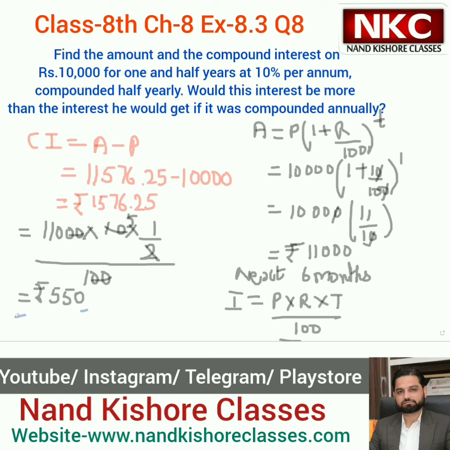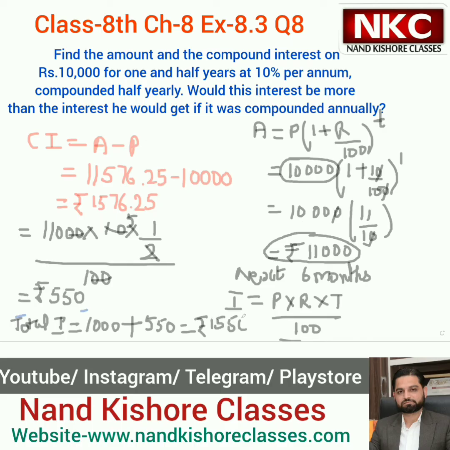So total interest in this second case: in my first case, my amount became 11,000 from a principal of 10,000, so 1,000 was the interest earned. Plus 550 interest earned for the next 6 months. So total interest earned is 1,550.